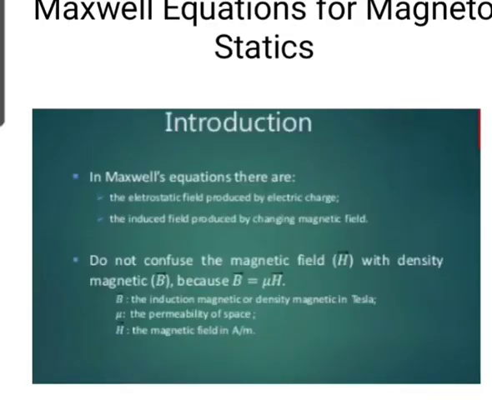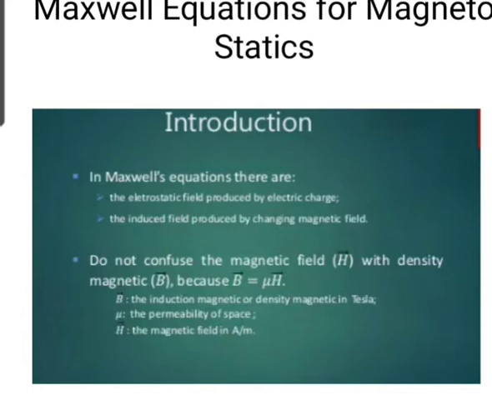The magnetic field intensity is denoted by H bar and the magnetic flux density is denoted by B bar.